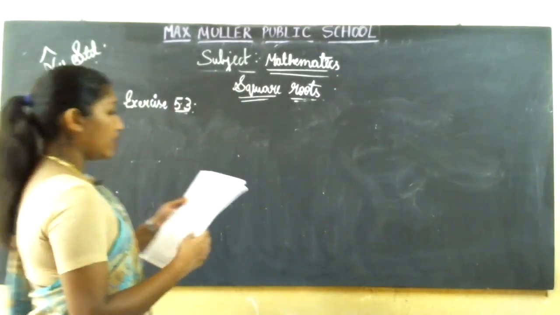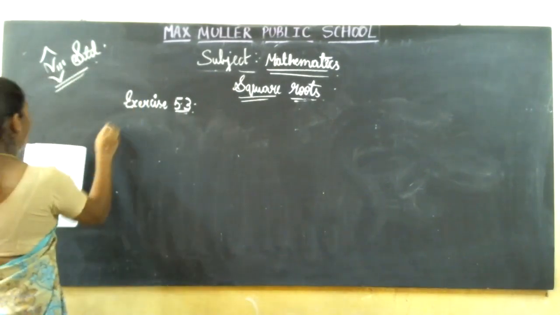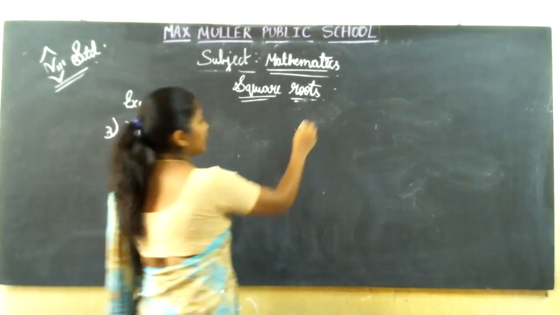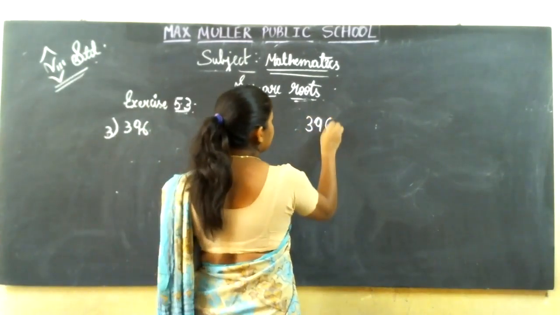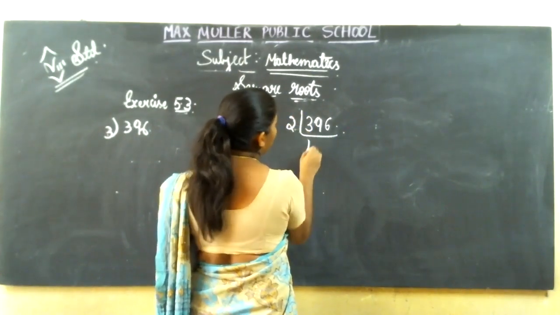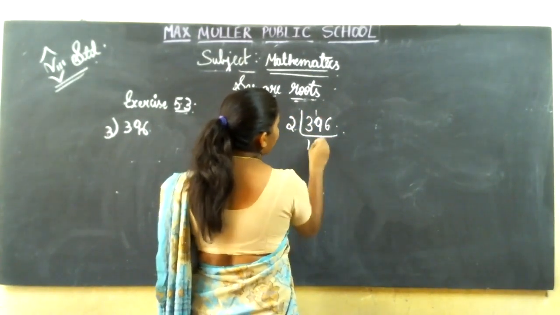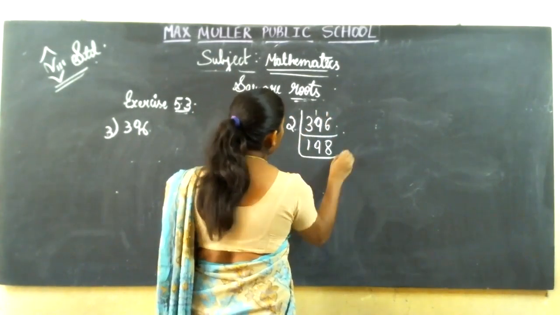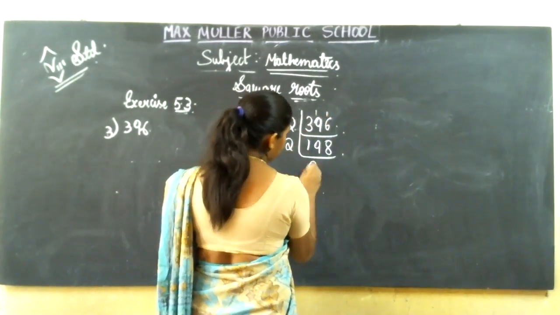The third problem is 396. Again, do the prime factorization method. 396, so by 2 you can do. 2 ones are 2, 2 nines are 18, 1 carry. 2 eights are 16, again by 2, 2 nines are 18.